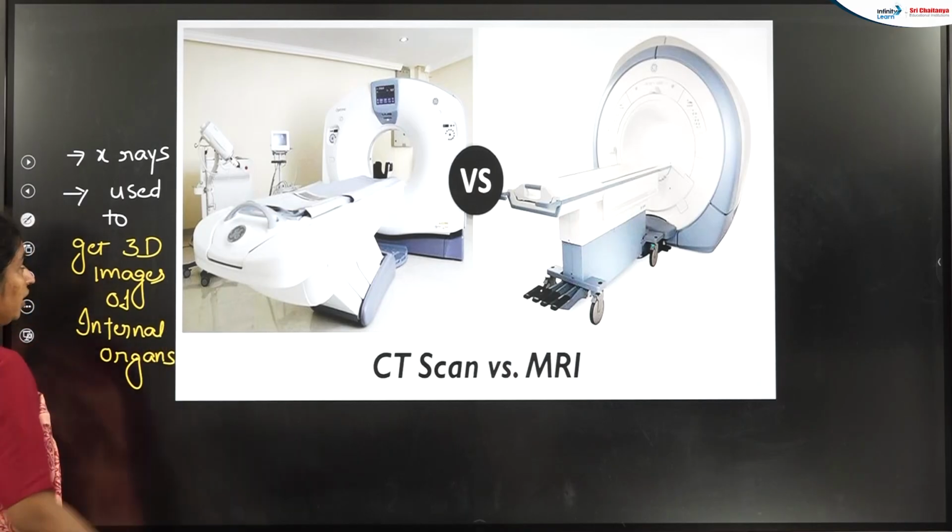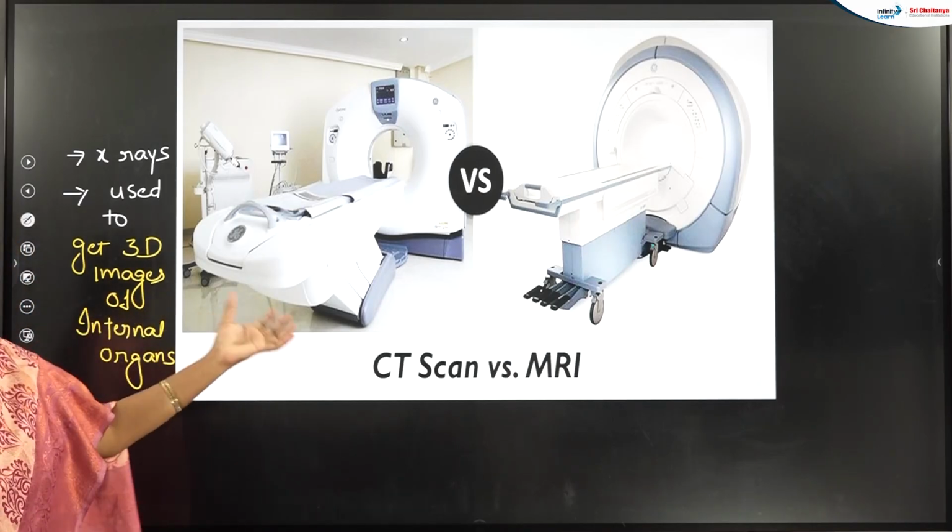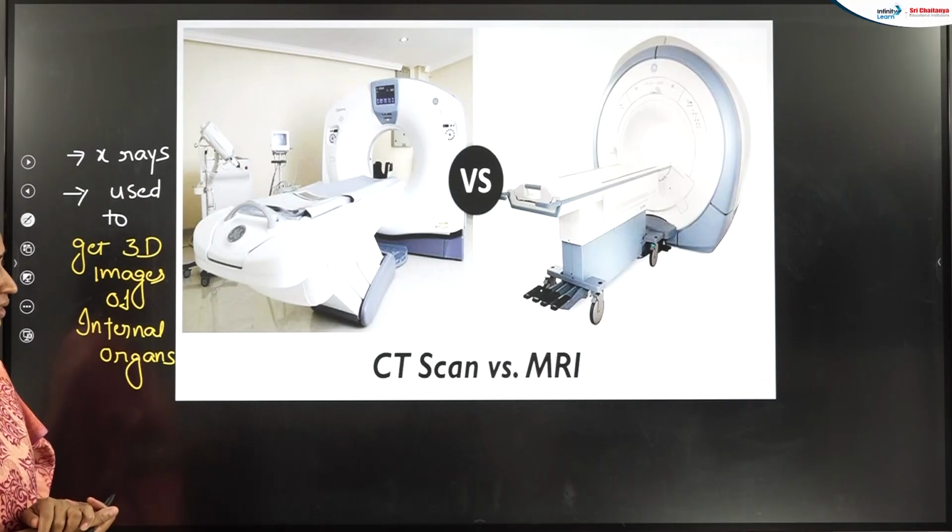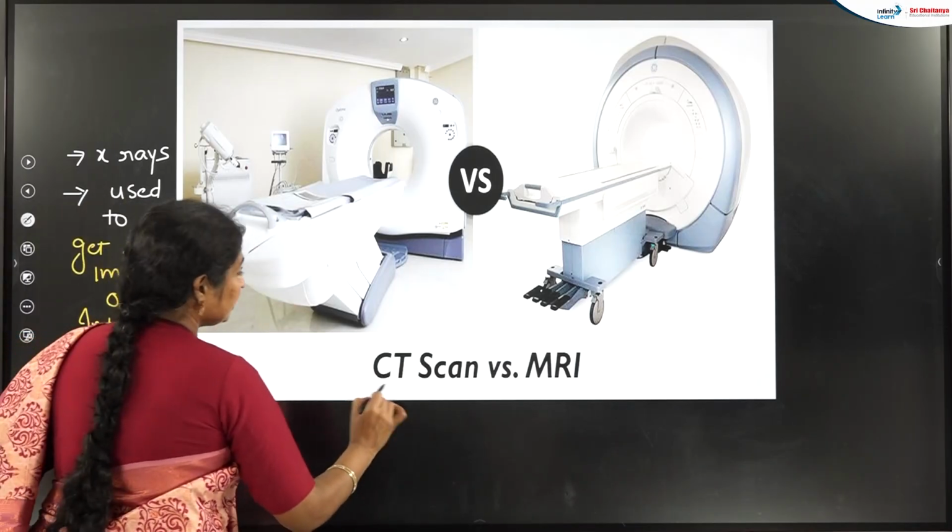So when we need to get the 3D structure of a specific organ, or see the cancerous growth at 3D level, that time we go for CT.